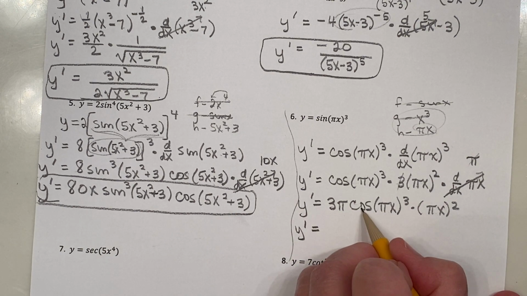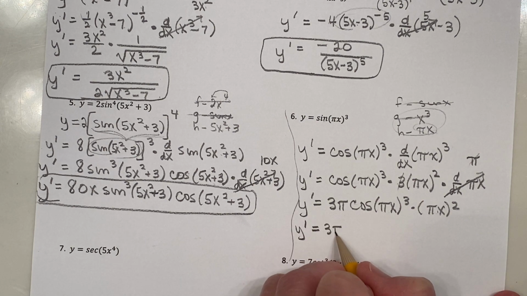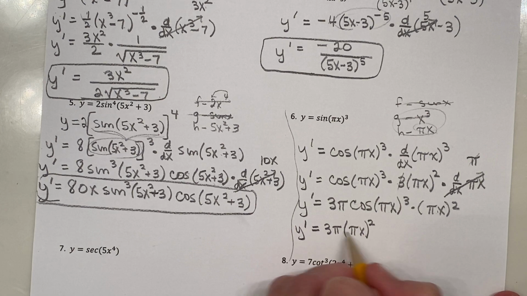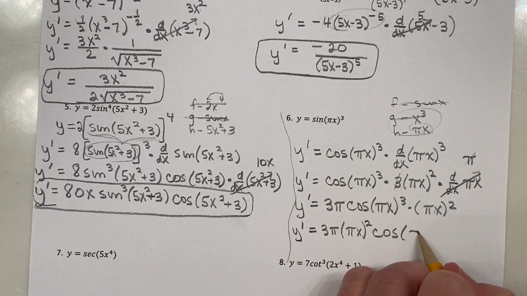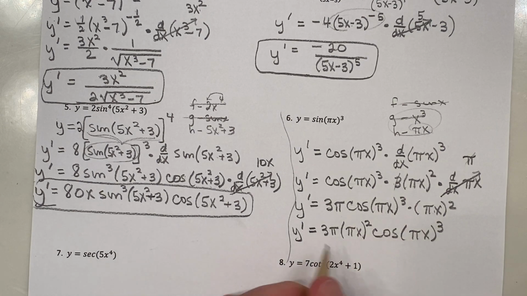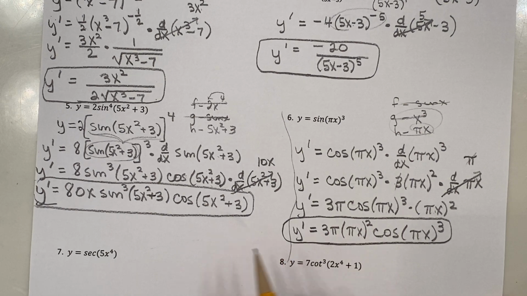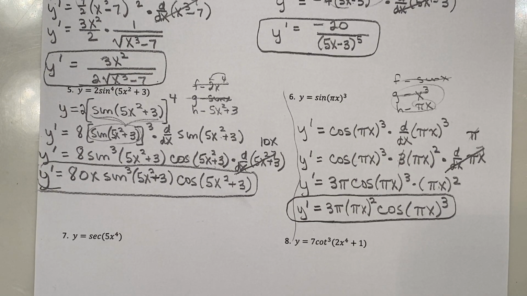This quantity is part of cosine, whereas this factor is not. So I've got 3 pi, quantity pi x squared. And you could square that and multiply it further, but you don't have to. Boy, that's pretty ugly looking. It's uncomfortable, but we have to be comfortable with kind of uncomfortable answers.